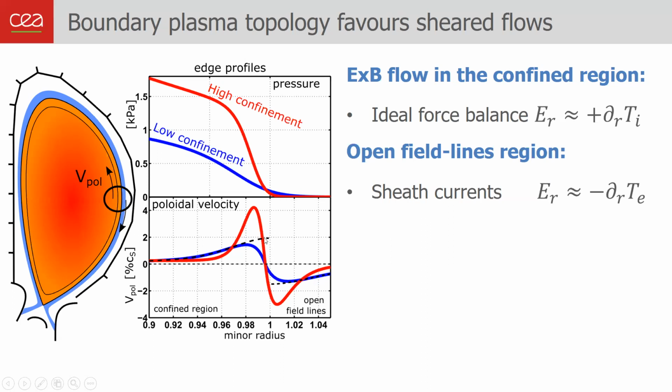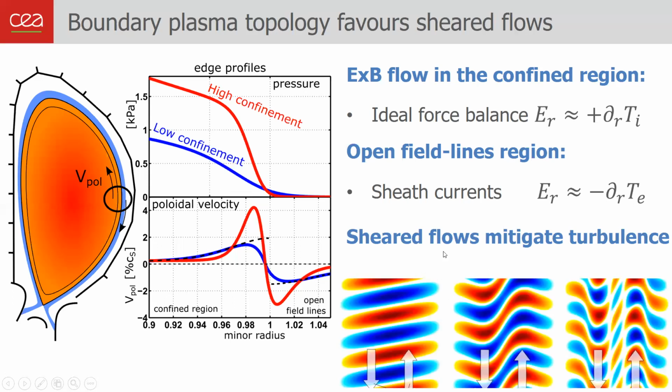And of course, you can reconnect the two with some viscosity. And when you do that, you find that in high confinement, you have a very strong flow inside the separatrix associated with a strong flow in the other direction outside of the separatrix. And this creates a strong velocity shear. And this is very important because sheared flows, as we will see, can mitigate turbulence.